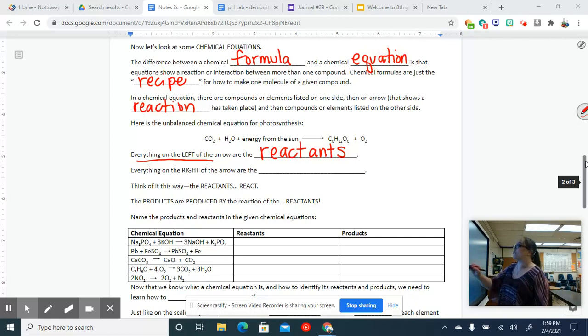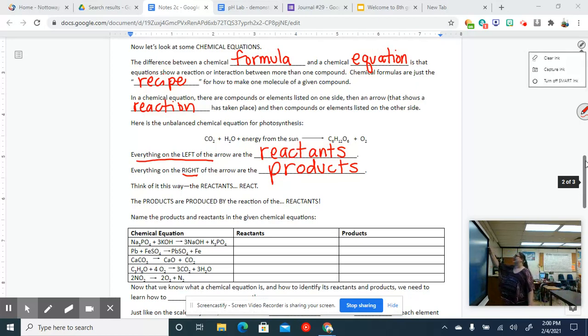And then everything on the right of the arrow, so the things that the plant makes, sugar and oxygen, are the products. It's what is being produced. So reactants react, and the products are the product. The product is produced by the reaction of the reactants.